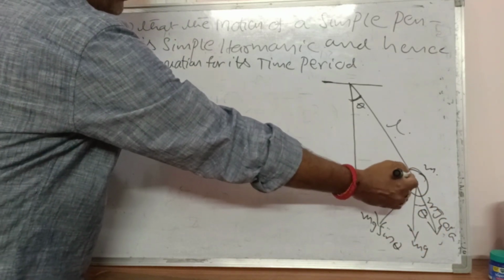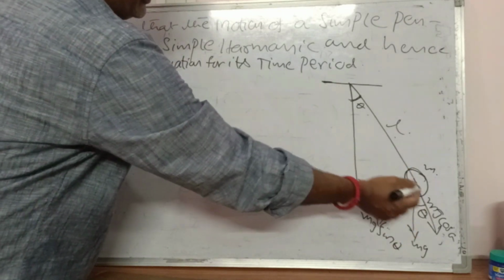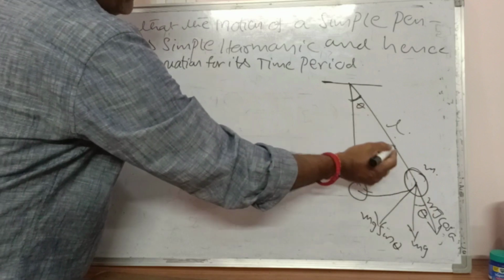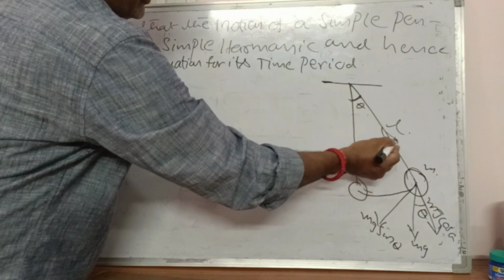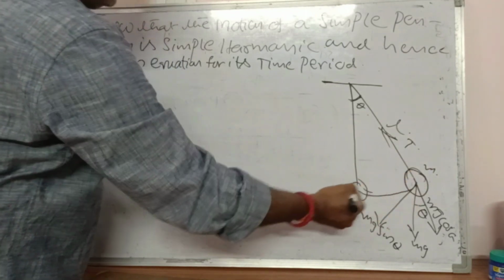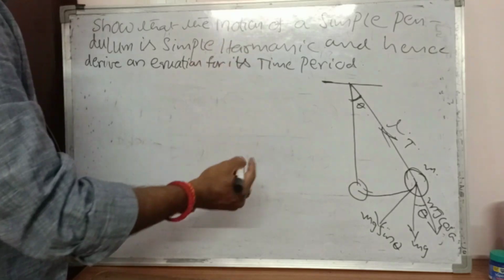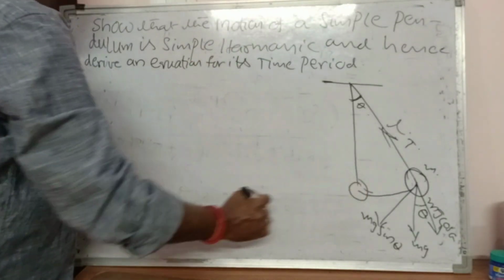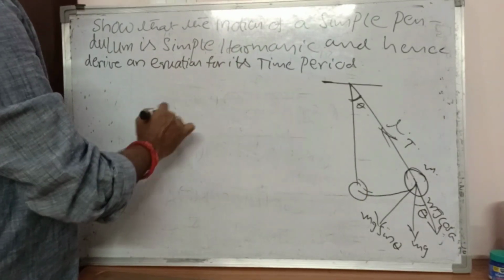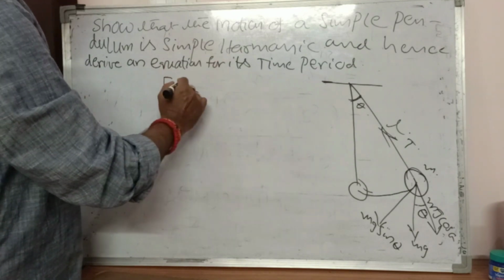The force acting on the bob, or the weight mg, can be resolved into two perpendicular components, mg cos theta and mg sin theta. One component, mg cos theta, balances the tension. The other component, mg sin theta, provides the necessary restoring force.